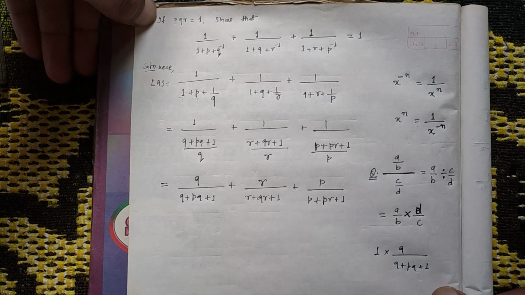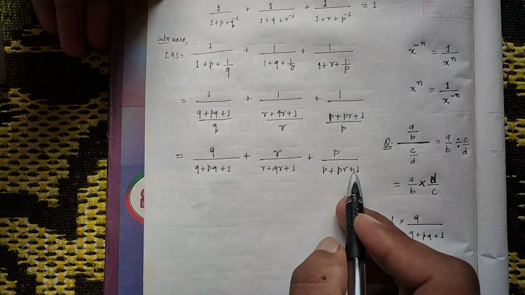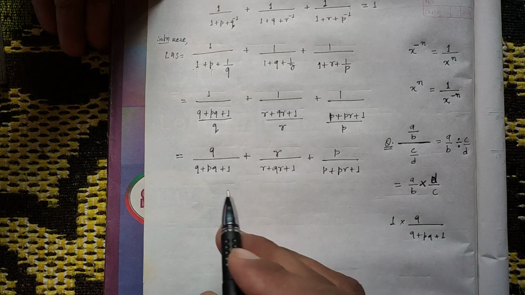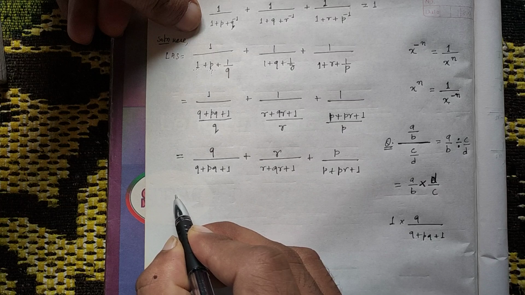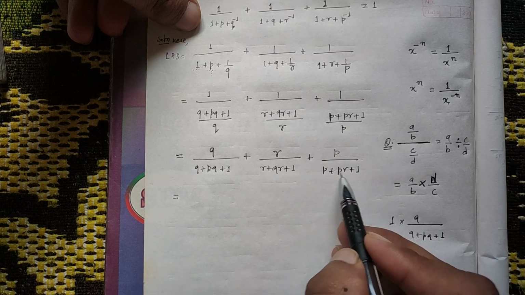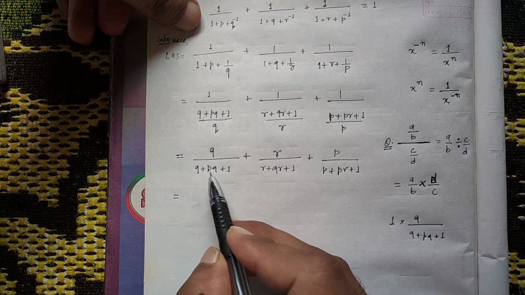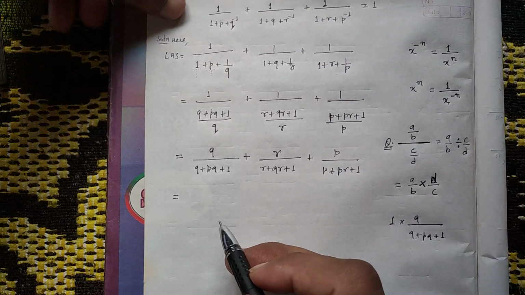Okay, most students after this take their LCM, but if you take the LCM here, it's very difficult for you to solve it. So before taking the LCM, you have to make their denominators equal so that it is easier for you to take the LCM.